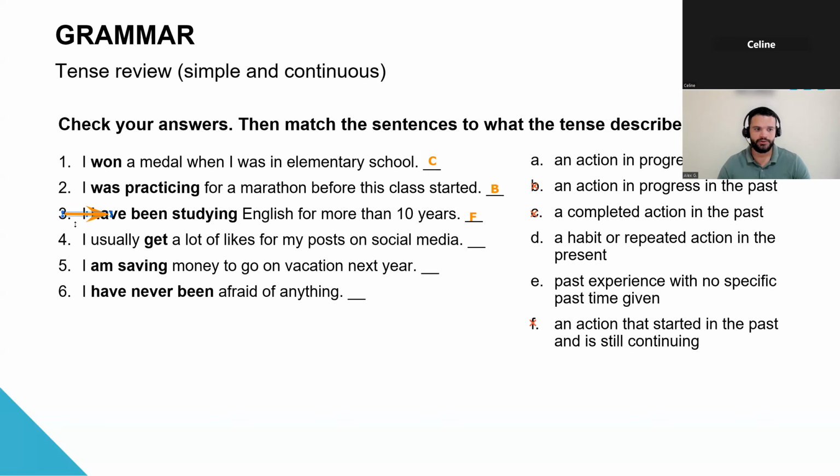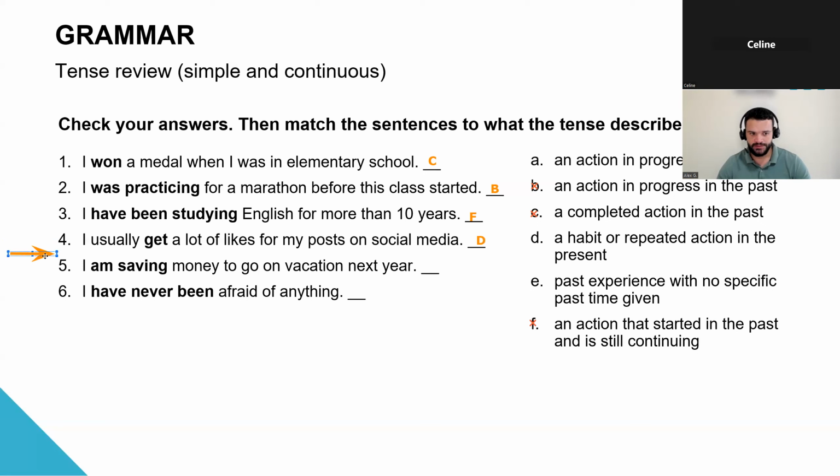How can we complete number 4? D. Excellent. Habit or repeat action in the present. Excellent. This is something habitual, something that happens over and over, usually the simple present.